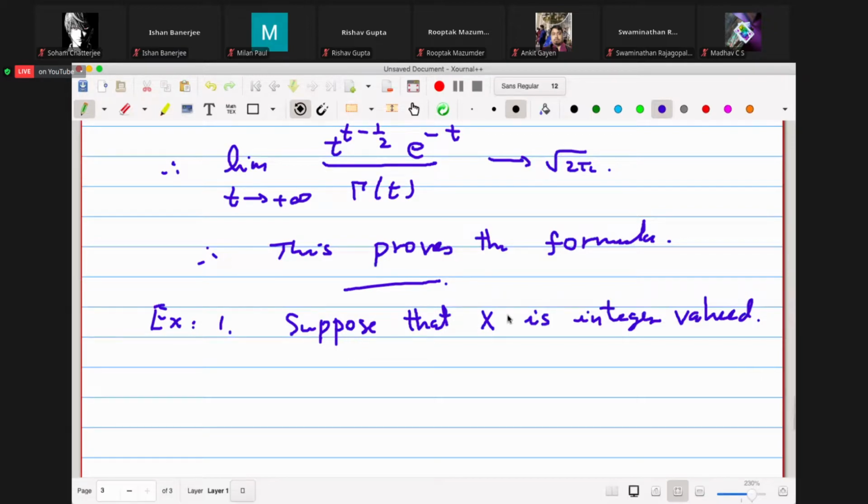So x is integer valued here does not necessarily mean that the mass at each integer is positive. Sometimes the book uses this language. So x takes values 0, plus minus 1, plus minus 2, and so on. Sometimes it says x takes values in integers.